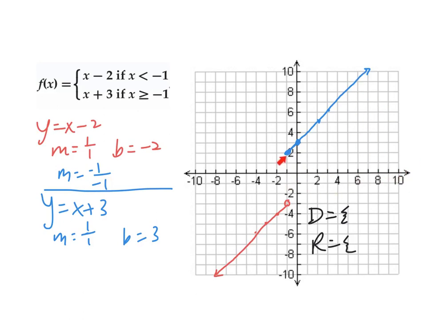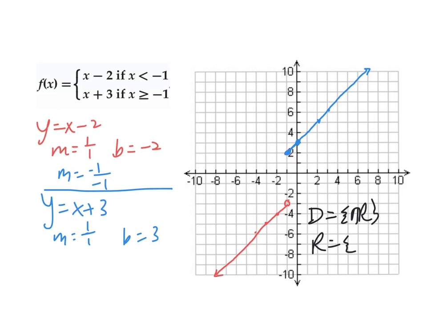Sure. Because there's a jump here at -1, -1's a part of this graph, but not this one. If I move to the left for X, is there ever going to be an X that doesn't hit the red line? No, it's always going to hit the red line. So in this case, the domain is all real numbers.